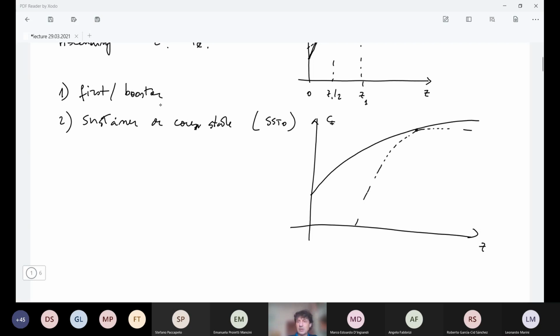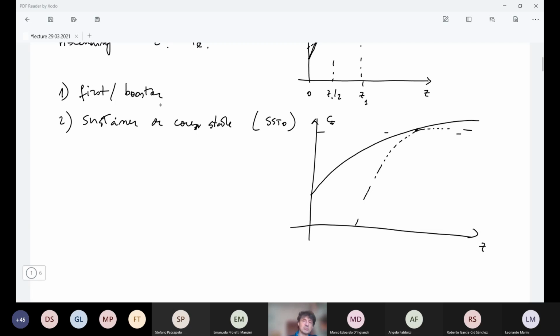So this is always increasing. I mean, in the under-expanded regime, there is always some increase of thrust coefficient, even if this is lower than the adapted value.